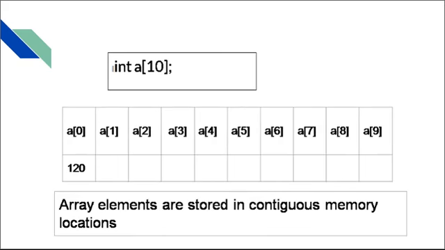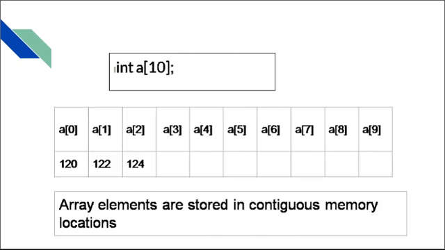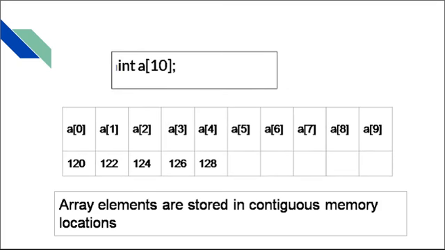That means, suppose the address of the first location is 120, then automatically the address of the next location is 122, and then the next location is 124, 126, 128, 130, 132, and so on, 138.